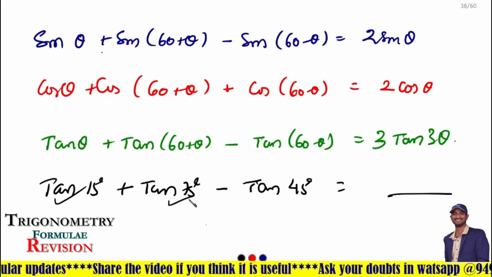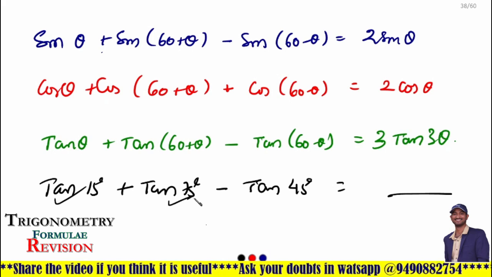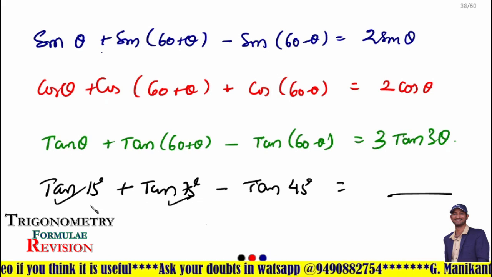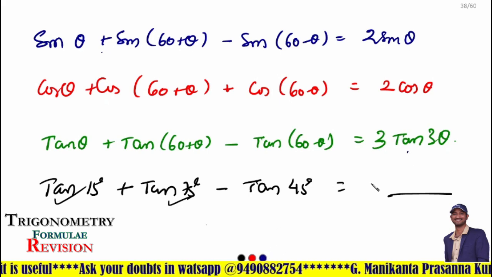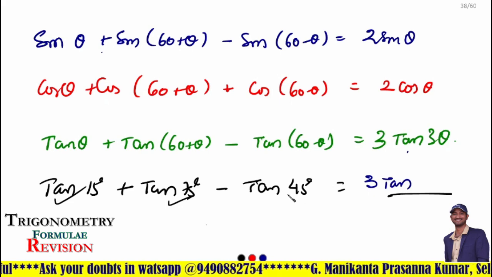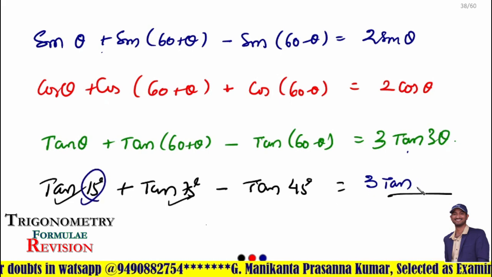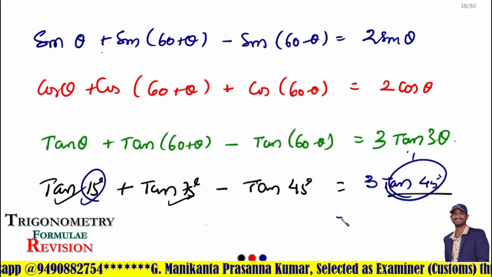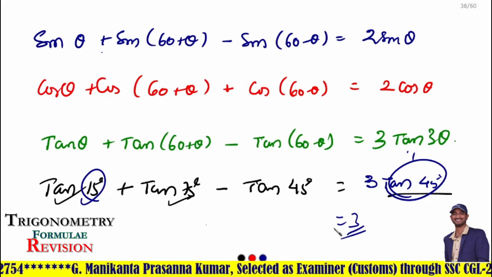I know tan 75 from the tan 15. If you remember the values, then it is okay. Tan 15 is 2 minus root 3. Okay, like that. But if you remember this formula directly, what is the value? 3 tan 3 theta. Theta is 15, so 3 into 15, 45 degrees. What is the value of tan 45? 1. 3 into 1, 3 is the direct answer. So that's why you have to remember these formulas.